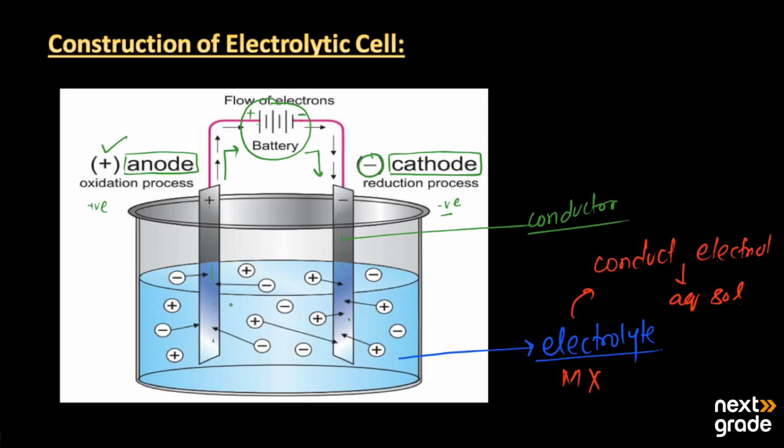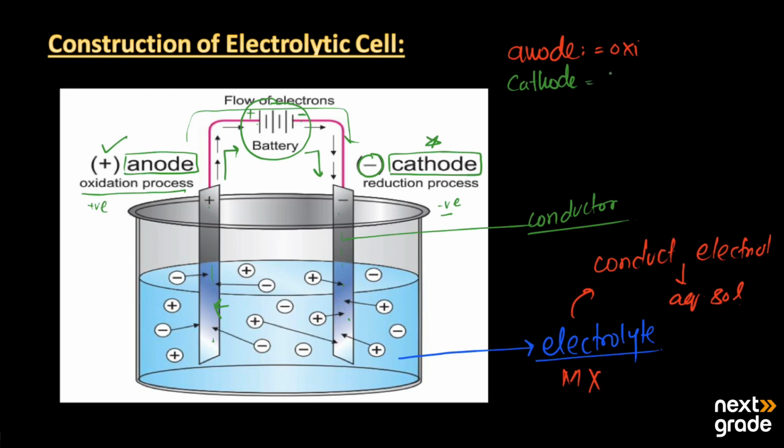If the substances or elements lose electrons at the anode, it means the process of oxidation takes place at the anode. So you must know that at the anode there will be the process of oxidation. And when we talk about the cathode, as electrons are moving from anode to cathode, the substances will gain electrons at the cathode.